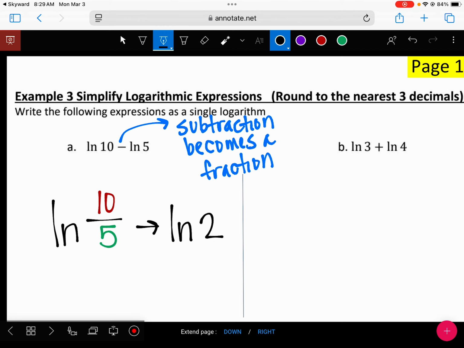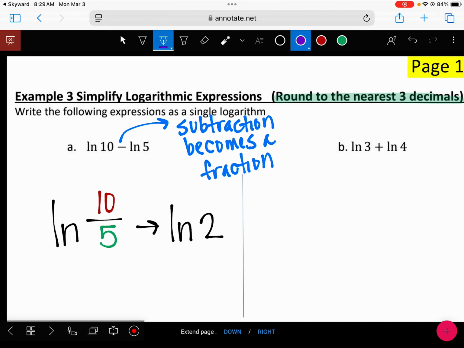All right, so now we're going to use our natural log key. It says round to 3 decimals. So I want you to pick up your calculator, hit the ln button, and the number 2.